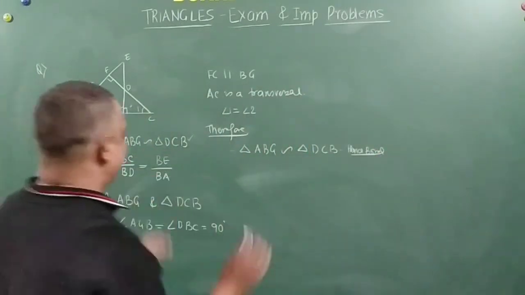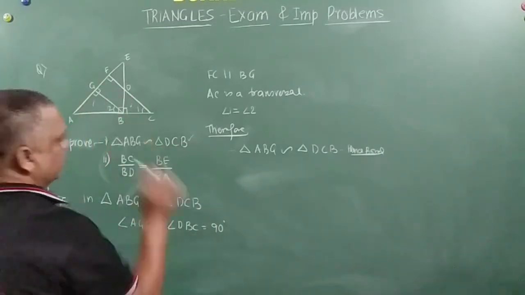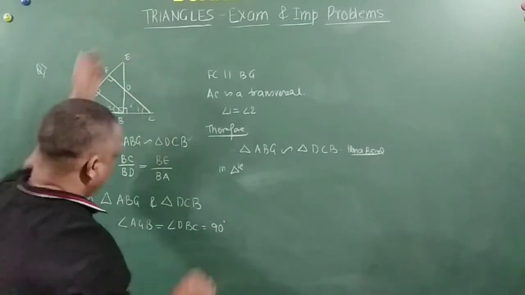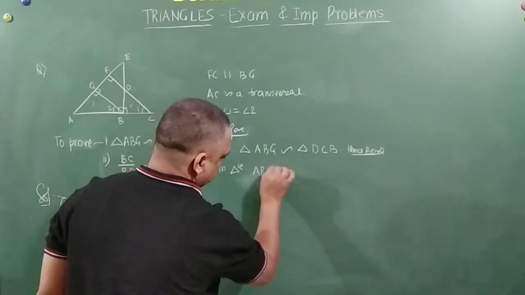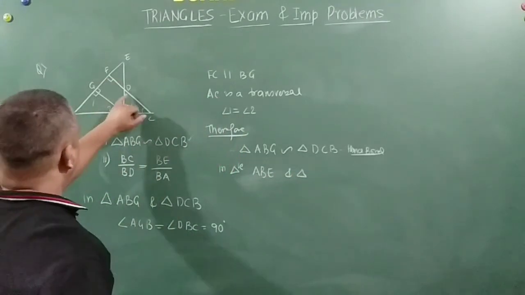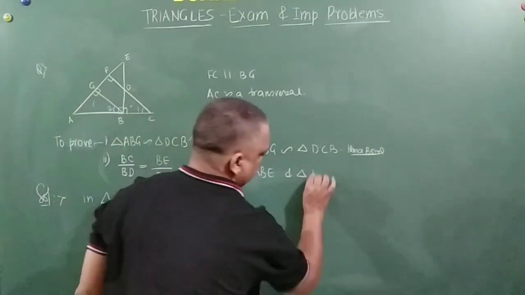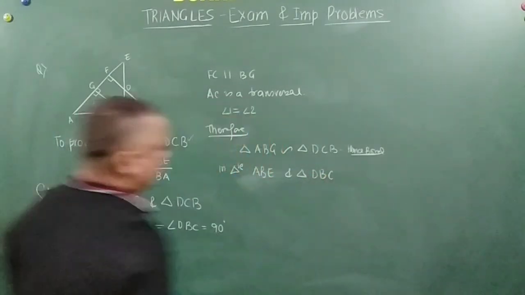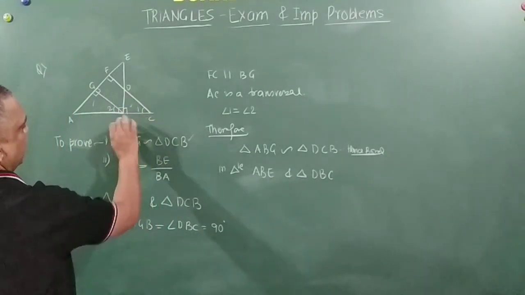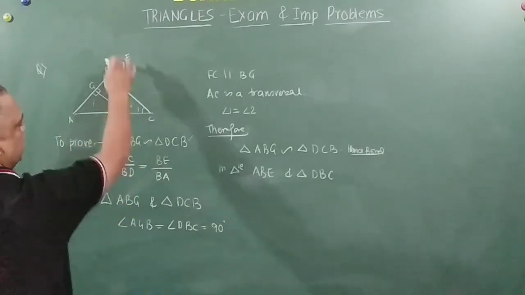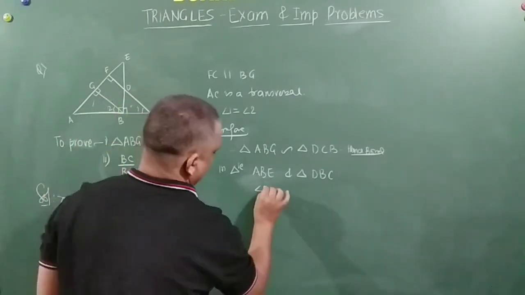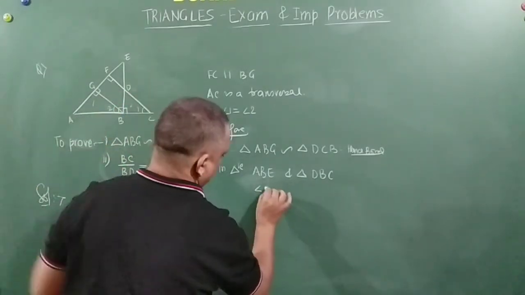Now the second part. Let us consider triangle ABE and triangle DBC. Okay, so what can we conclude here? This angle DBC and angle ABE are both the same.